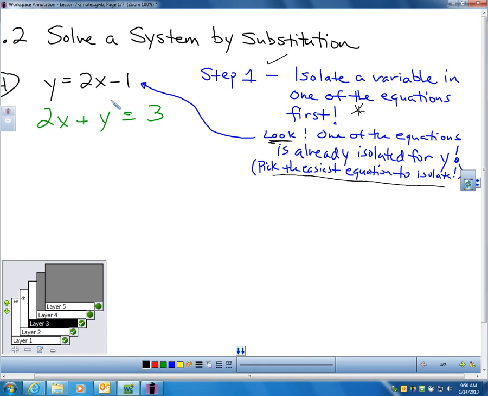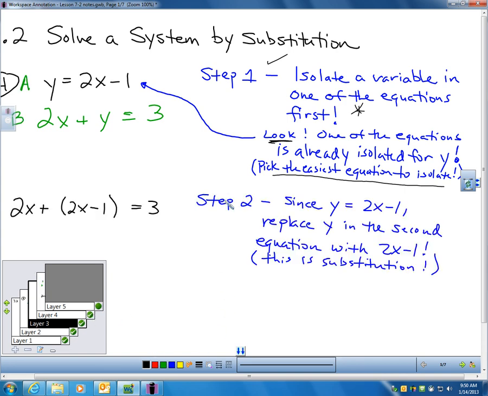So now that's step 1. I already have an equation isolated. Now step 2. Since, now think about this carefully, y is equal to 2x minus 1. y and 2x minus 1 are the same thing. So what I can do is go to the second equation. I labeled these A and B. So in equation A, y and 2x minus 1 are equal.